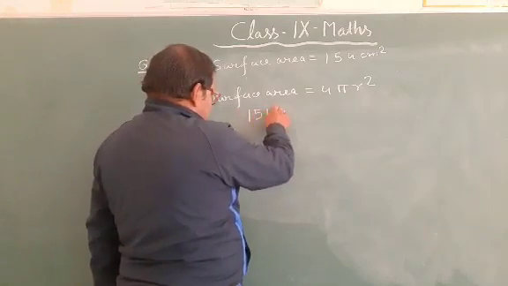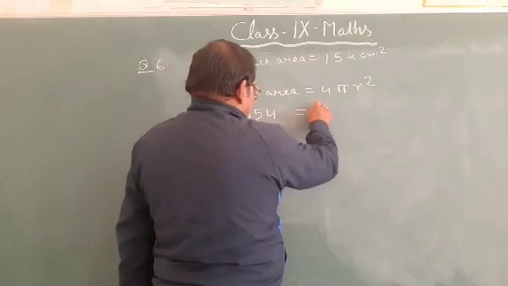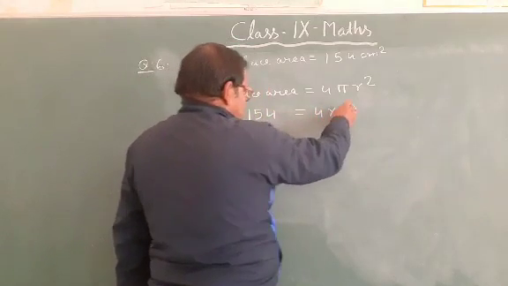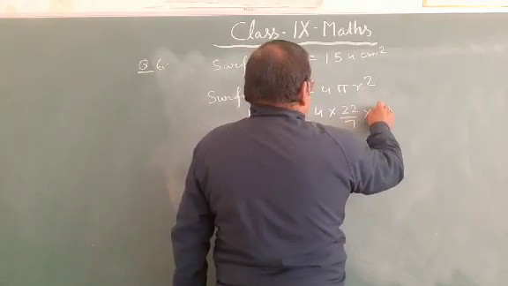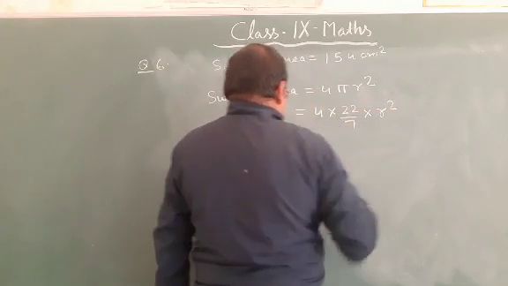154 equal to 4 into 22 by 7 into r square.